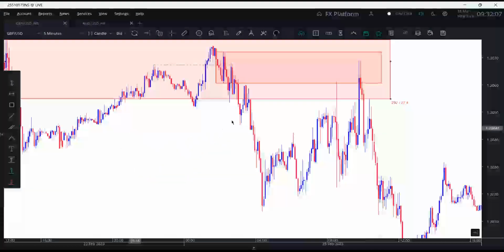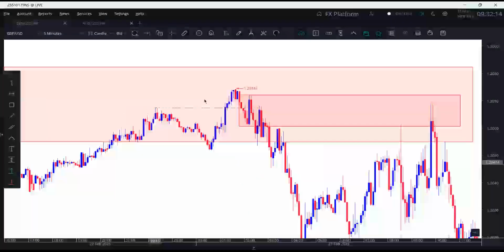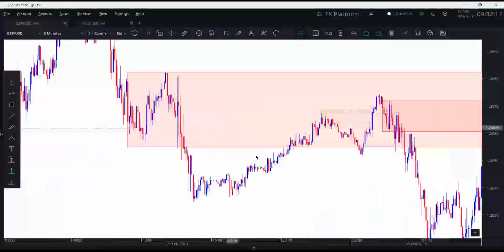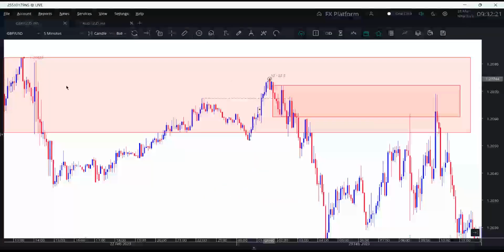On the other hand, here we have this low that took the price to the target, because here was a previous RSFL, and this low took the price to the RSFL.